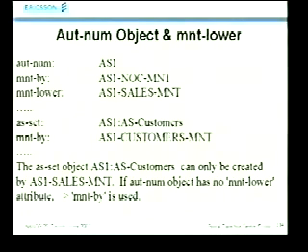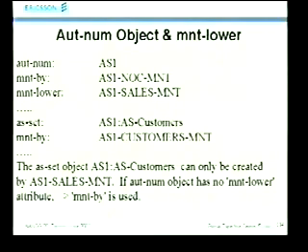Yes. But what I hope to say here is, if this mnt-lower is present, the key to this maintainer can create an as-set object with this name, but not this one. If this attribute is not present, then this is used. Does that answer the question?